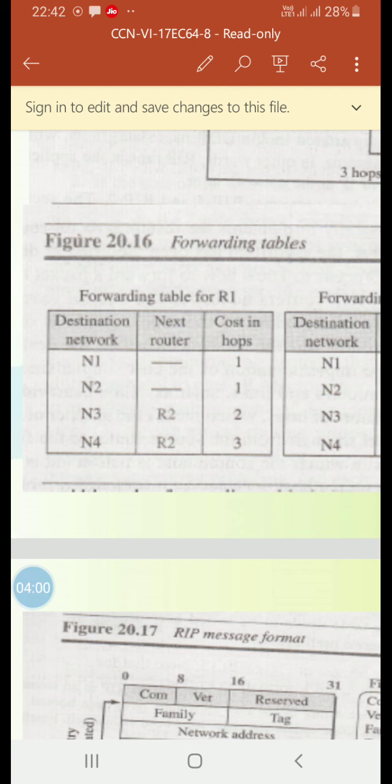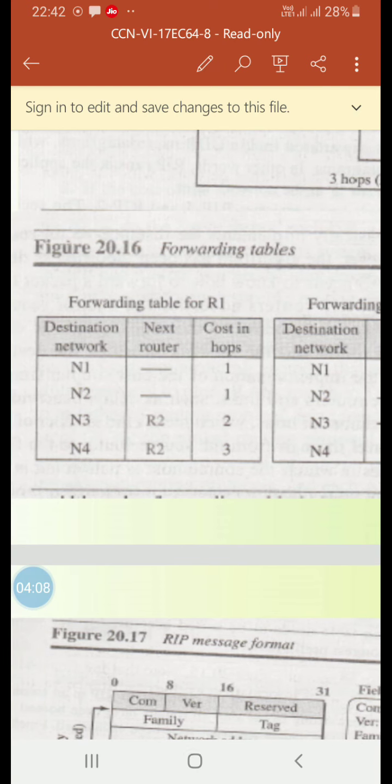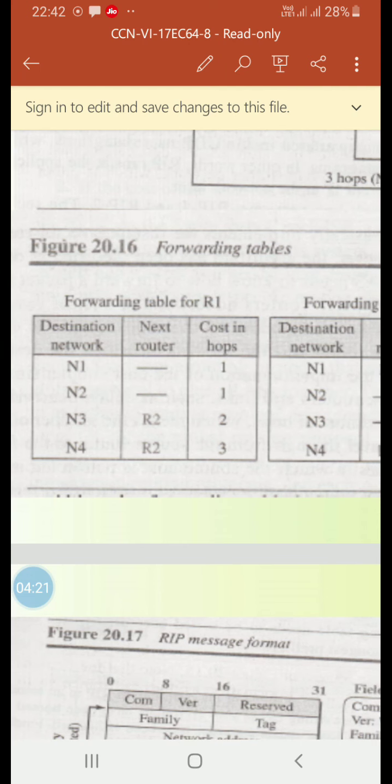The first and third columns together convey the same information as does a distance vector, but cost shows the number of hops to the destination network.